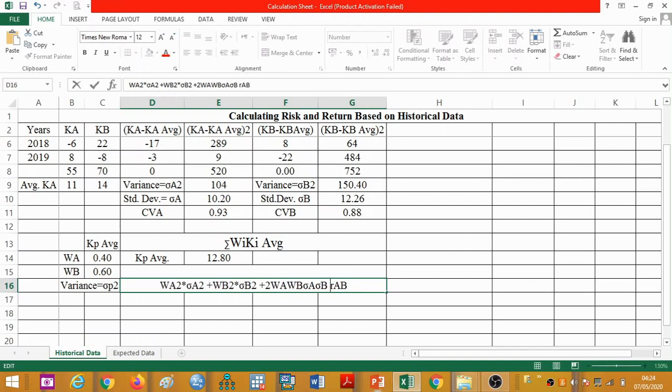R is the correlation of security A with security B. So that is the formula for the variance of the portfolio, and obviously for the standard deviation we can take a square root of this.